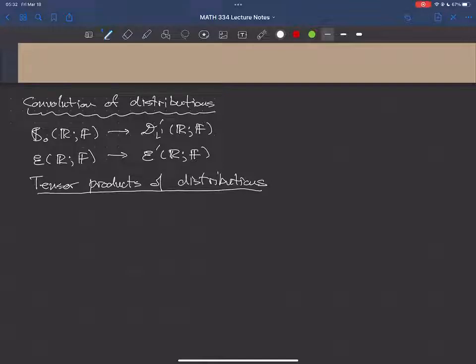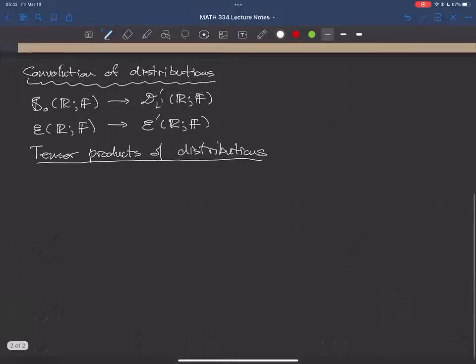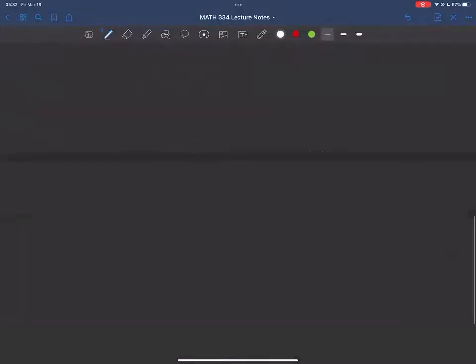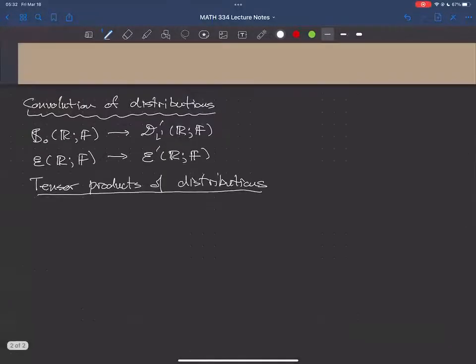And the first thing that you have to do to talk about tensor products of distributions is you first have to admit that you need to talk about classes of functions whose domain is not just R, but something more general. Okay, so we can talk about this space, and so I'm just going to do that.